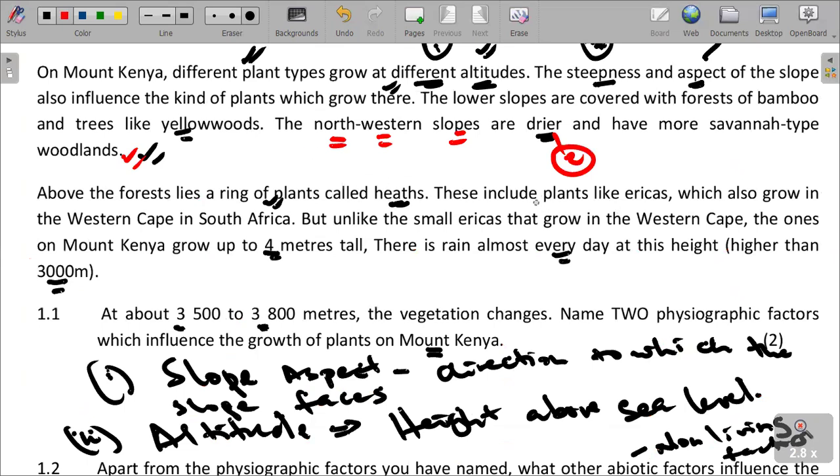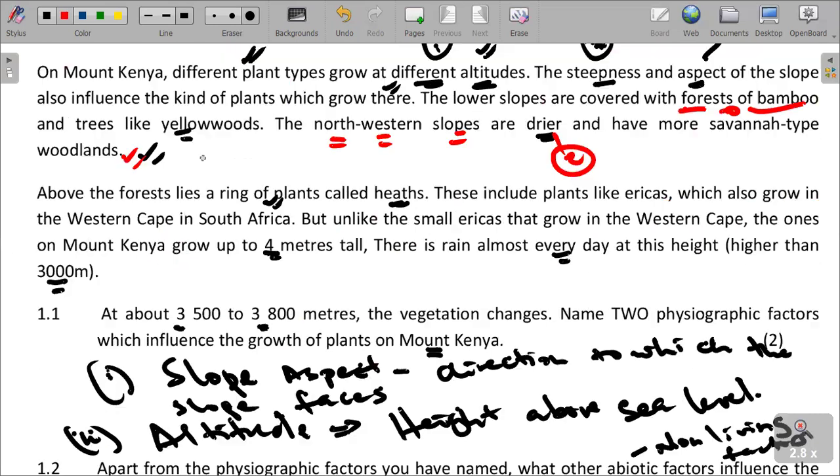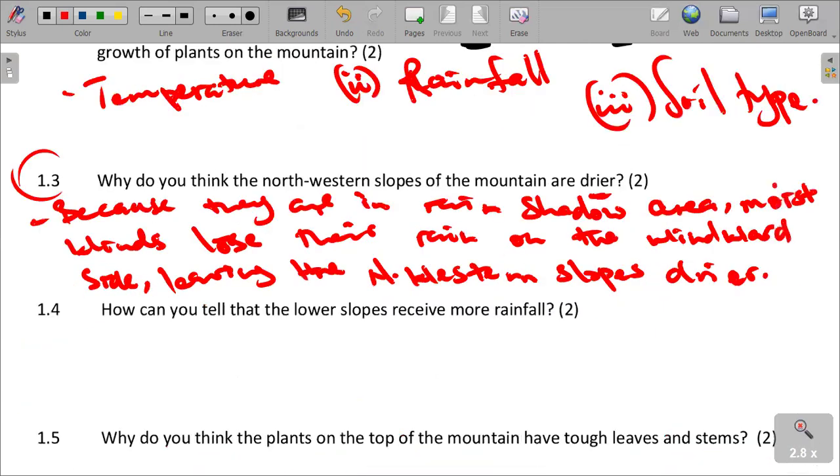These plants, like ericas, also grow in the west, but unlike the small ones, we have some which are tall. The lower slopes are covered with forests of bamboo trees. They are covered with dense forest.